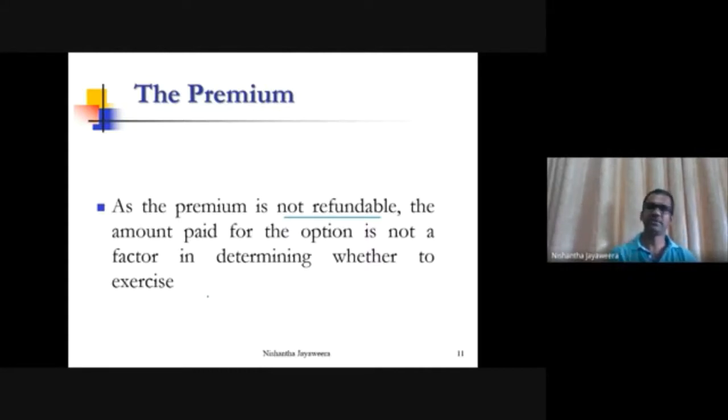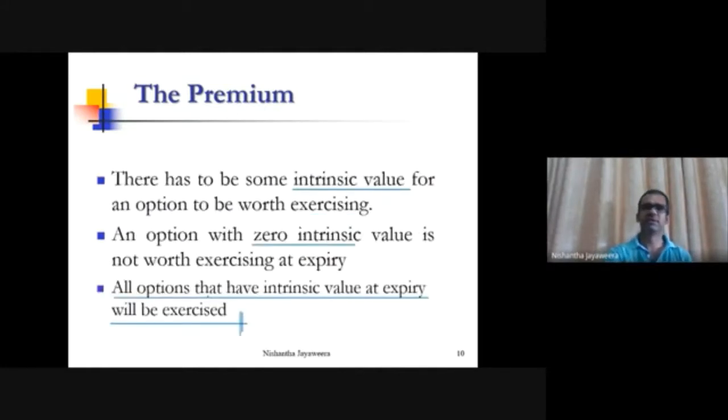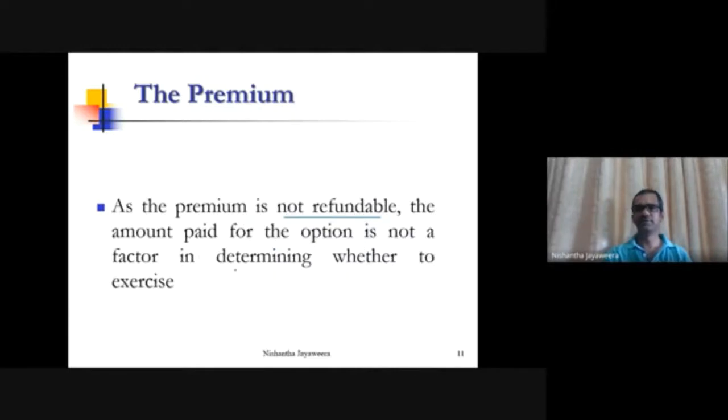It's already paid. The only concern is the intrinsic value, whether the option has a positive intrinsic value or zero intrinsic value.